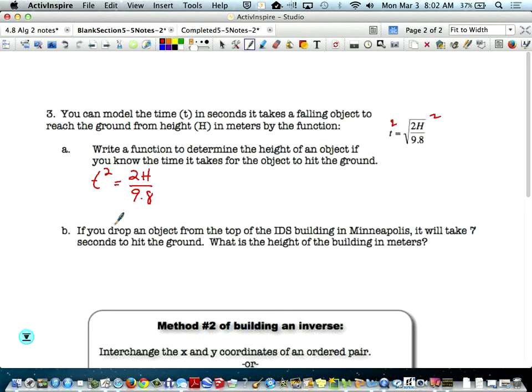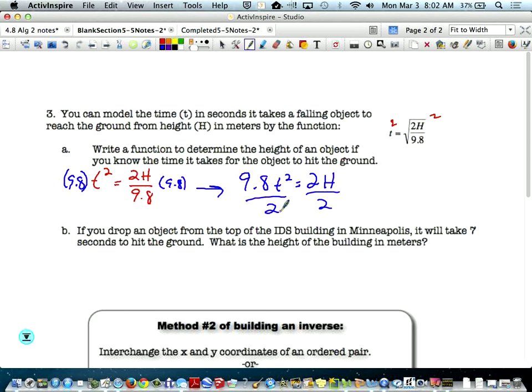That gets rid of the square root. Multiply both sides by 9.8. And then the last thing would be to divide by 2.